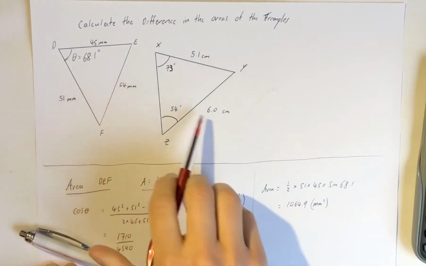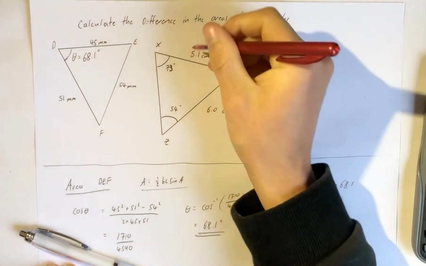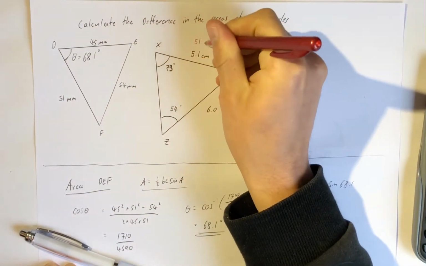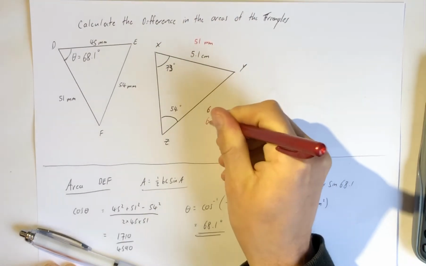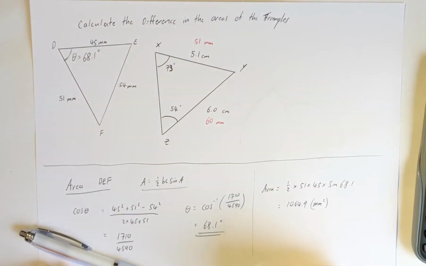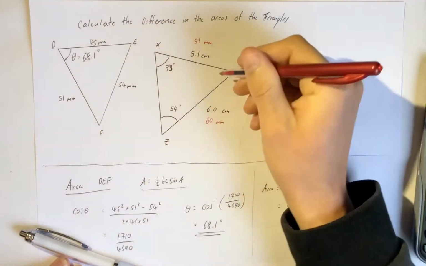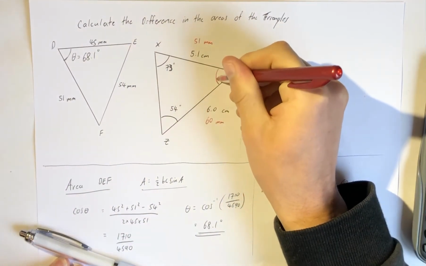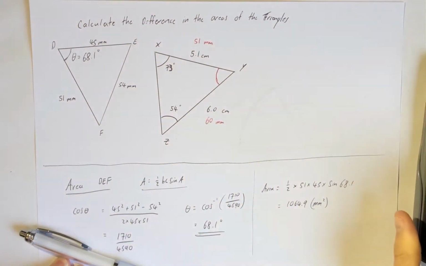Notice that the units are different, so we want to make those units the same. So we want to make this 51 millimeters and 60 millimeters. And we can go straight ahead and use the area formula, but what we do need is the angle in between those two sides.